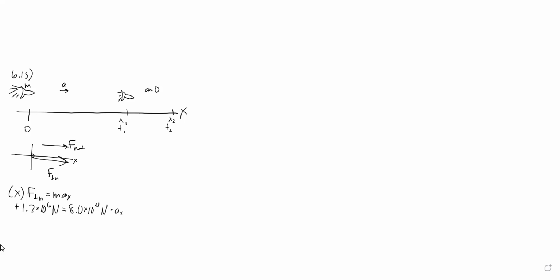Let's do the scientific notation. We have 1.2 times 10 to the 6 divided by 8 times 10 to the 4. This is something you really shouldn't need to do on your calculator, because it's like 12 times 10 to the 5 divided by 8 times 10 to the 4.